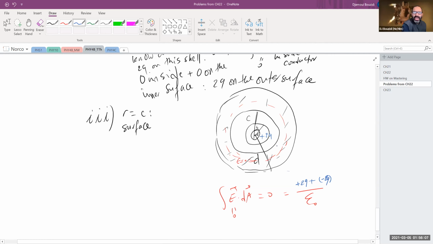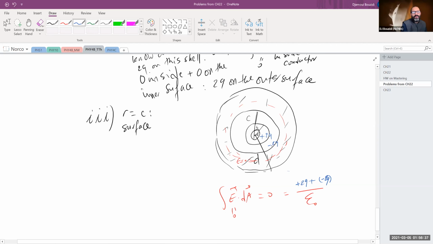So we need a negative 2q to compensate for this one because we need the flux on this red surface to be 0. I cannot have this negative 2q inside the bulk of the conductor because it's a conductor. I cannot have it in the empty space because it's empty anyway. So the only place for the negative 2q to be is in this inner surface.